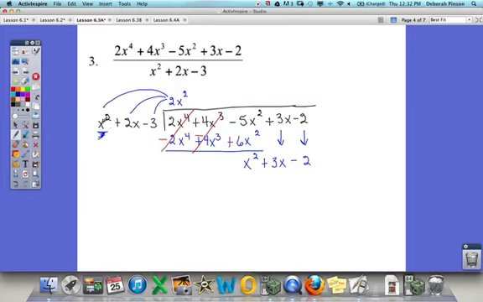Alright, same thing. What do I need to multiply x squared by to get x squared? 1. And I'll distribute that out. So x squared plus 2x minus 3. And subtract.